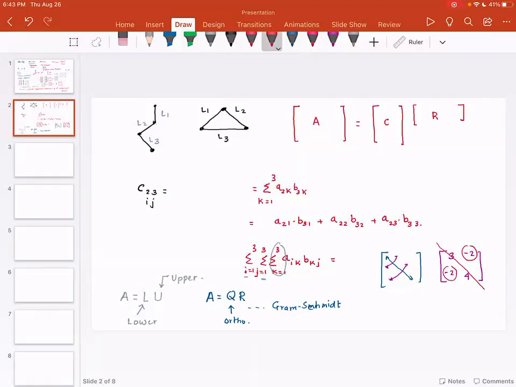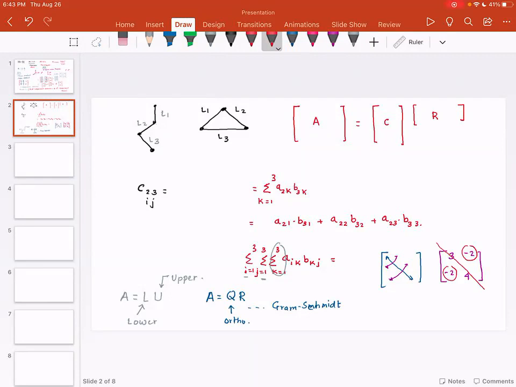Now, what is the fundamental property of the symmetric matrix? The fundamental property of the symmetric matrix is that eigenvalues are real. Real means they could be positive, they could be negative, but eigenvalues are not going to be imaginary.